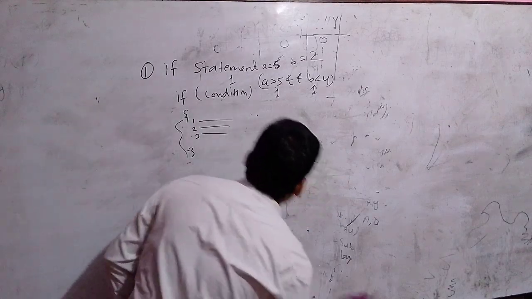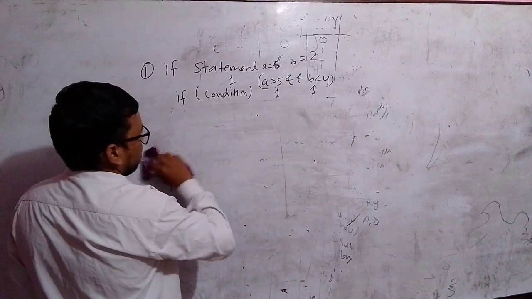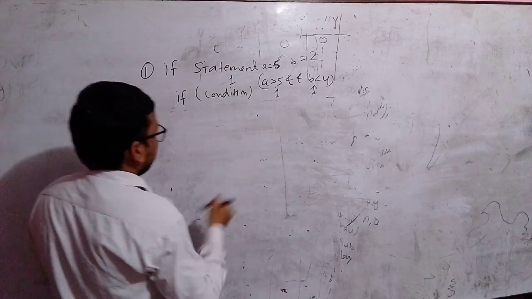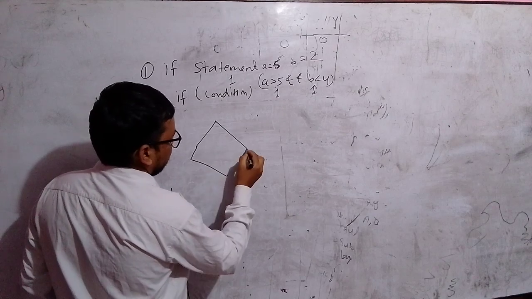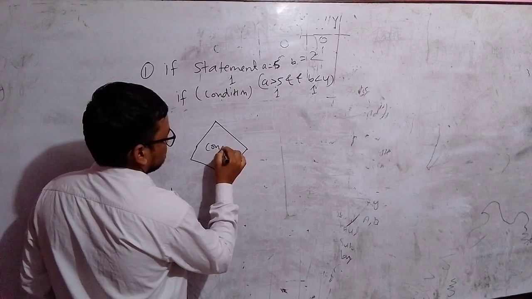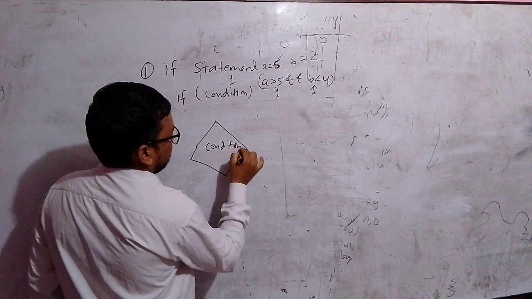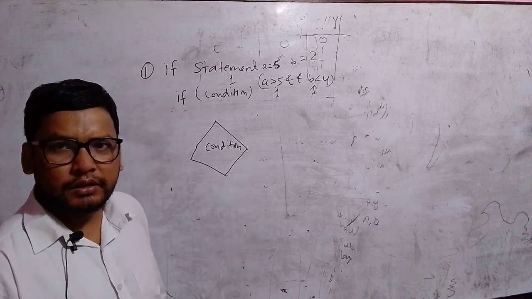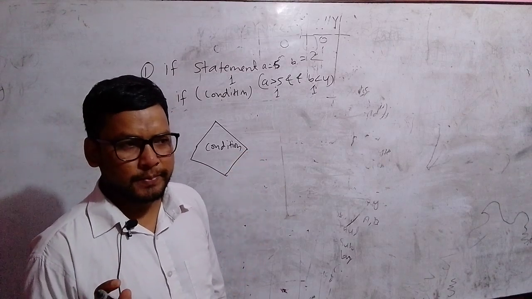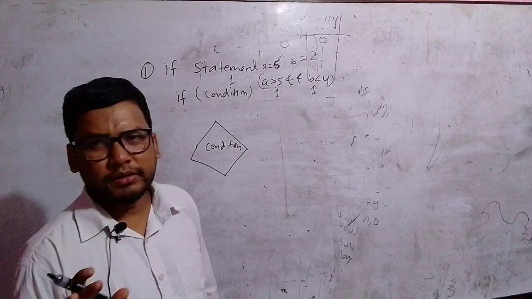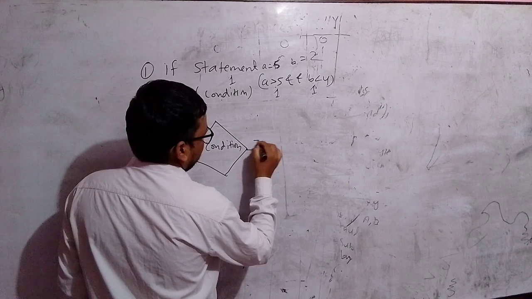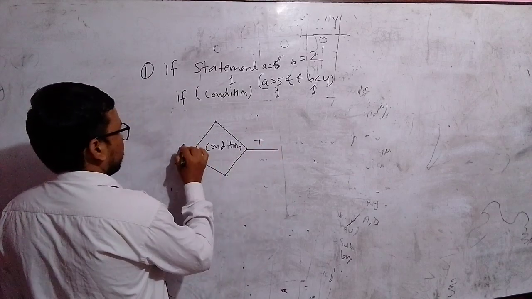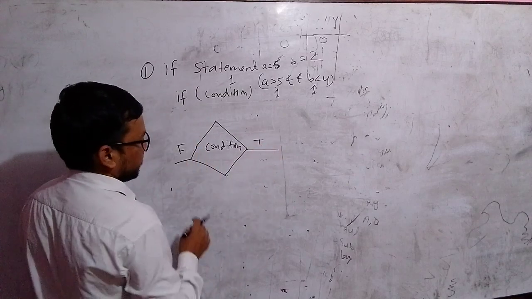Now, what would be the flowchart of this? Condition. Conditions always give two results, either 1 or 0, or true or false. Let T denote true, F denote false.